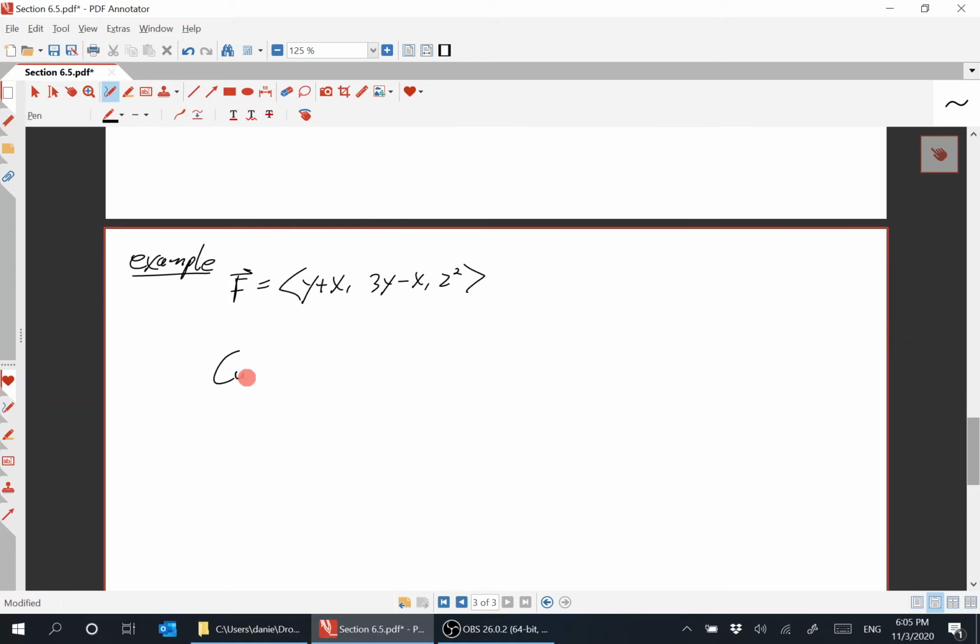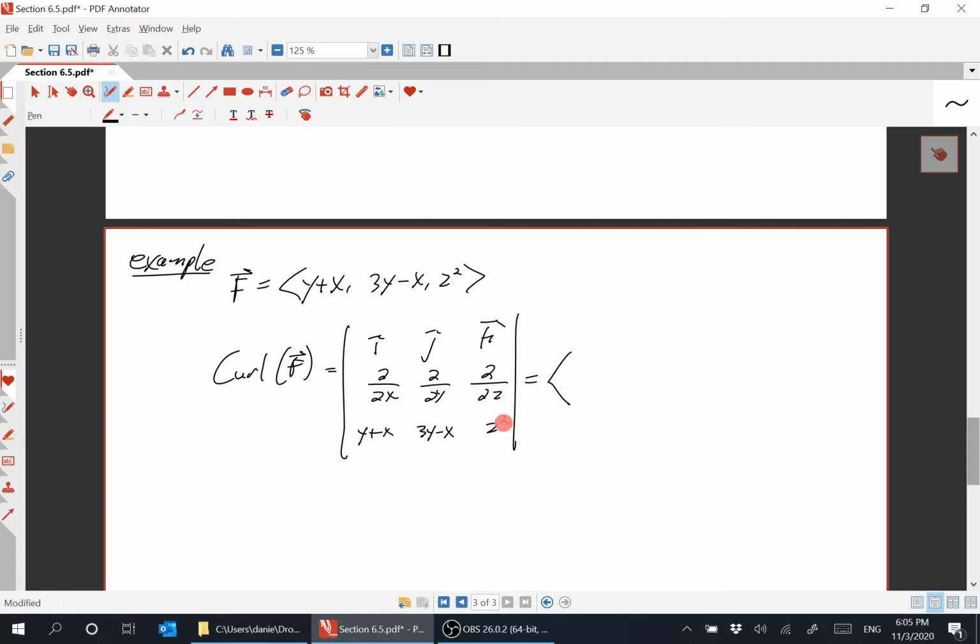So the curl of f is equal to i, j, k, partial with respect to x, y, z, and y plus x, 3y minus x, z squared. So this is equal to 0 minus 0 in the x component.